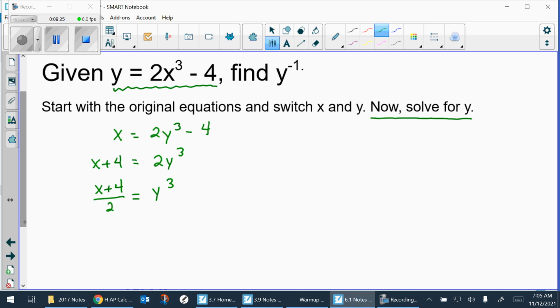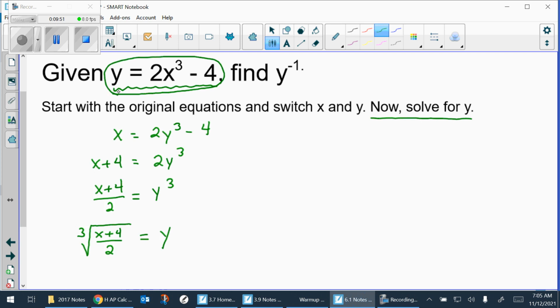And now, to get y all by itself, I think I'd cube root each side. And so the cube root of x plus 4 over 2, remember to make this a cube root, is equal to y. And that is the inverse of what we started with.